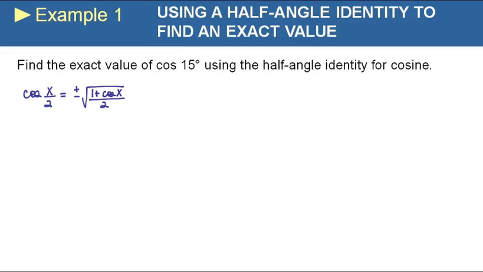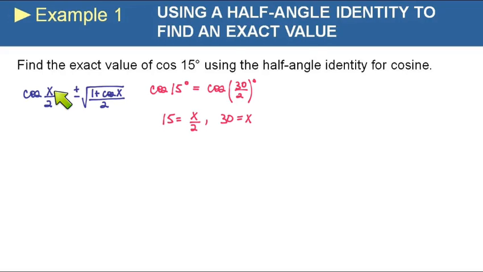X over 2 is 15. Well, if 15 is x over 2, what does x have to be? If x over 2 is 15, then x must be 30. 30 over 2 is 15. So we'll plug in 30 everywhere we see an x.